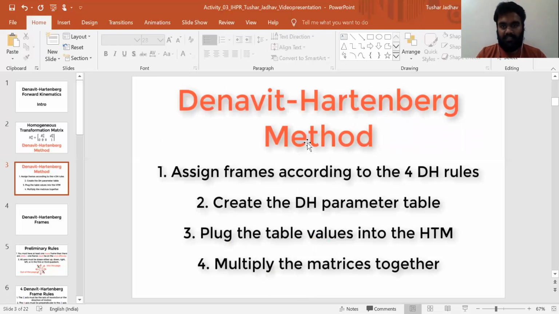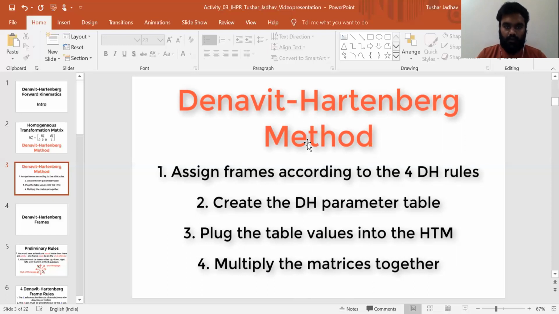Now the Denavit-Hartenberg method generally consists of 4 steps. Number one, we first have to assign the frames according to the DH rules. We'll come across the DH rules in the coming sessions, and in this entire video, I'm going to explain only the first part of this whole process, because if I go on explaining all 4 parts, this video will go longer than the permitted limit.